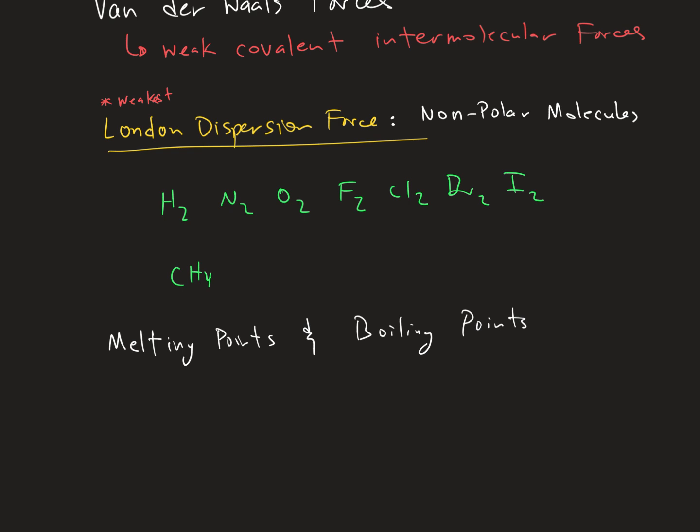But if all of these molecules have London dispersion forces, are we going to say they all have the same melting point, boiling point? How do we order them? We need to know this for the exam, how we order by increasing melting point or boiling point. And it has the same relationship. As we get a larger compound, it's going to have a higher melting point or higher boiling point.